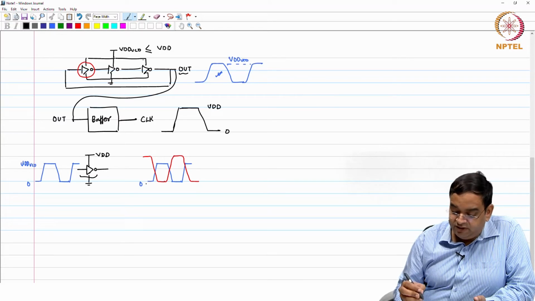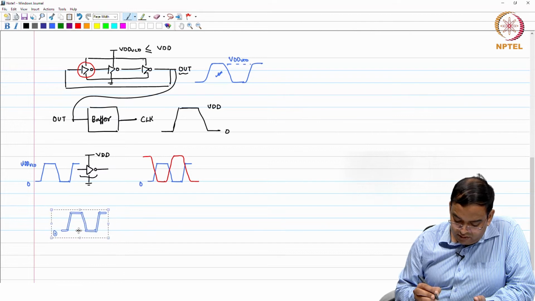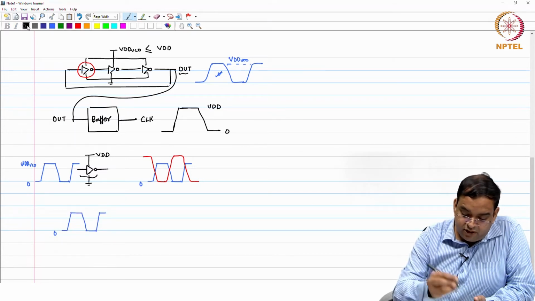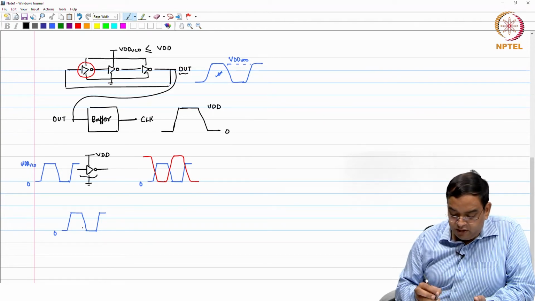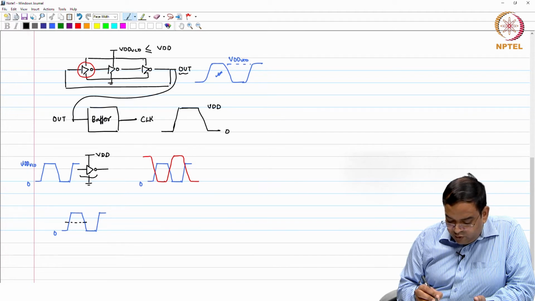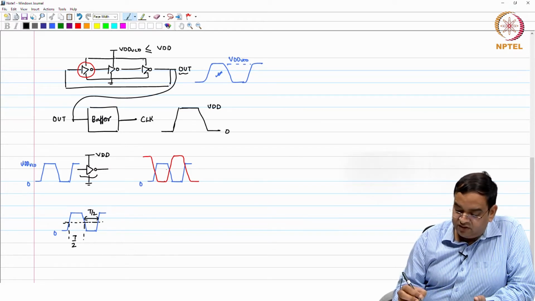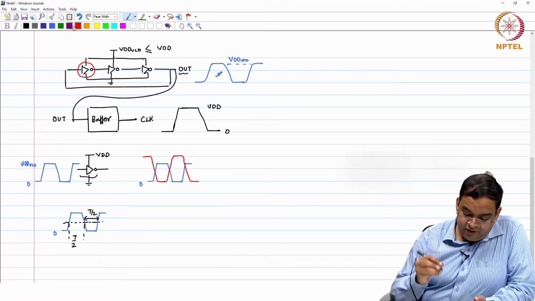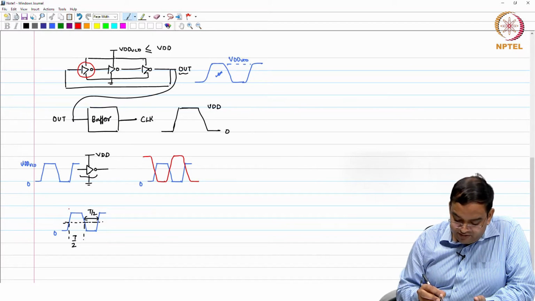But actually what happens is that because you have an inverter, this particular inverter will have a threshold voltage for NMOS and PMOS. So, with respect to the midpoint here, you may see this whole as T by 2, whatever the time period you have, and this also as T by 2. But when you give this signal to an inverter directly, you will not get the same duty cycle.